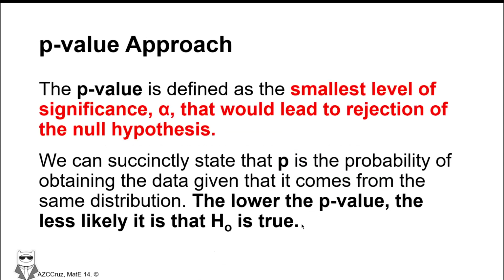Okay? So, this p-value approach, I've touched on this briefly in the previous discussion earlier. It is defined as the smallest level of significance that would lead to the rejection of the null hypothesis. It's easier to understand if we think about it in terms of a graph.